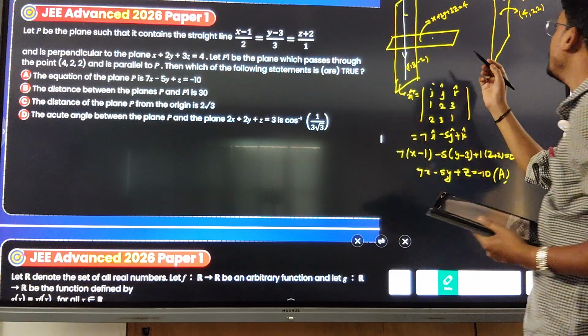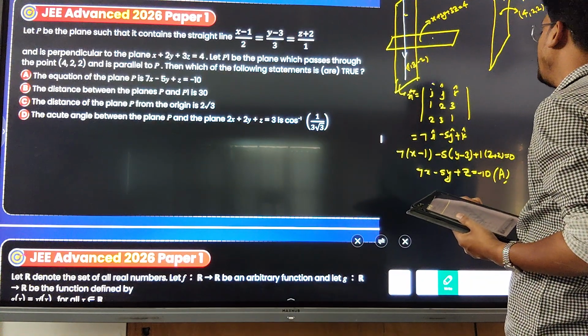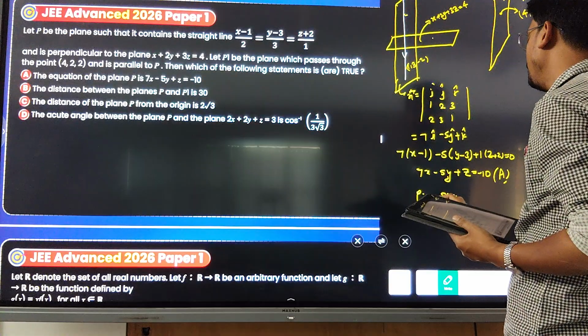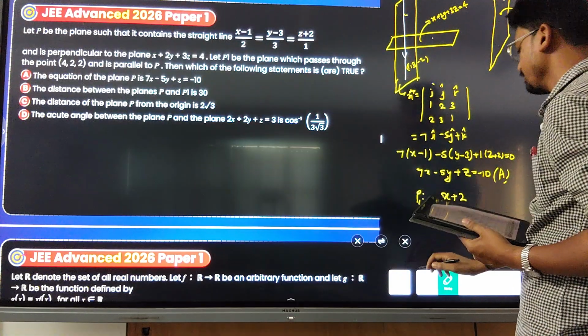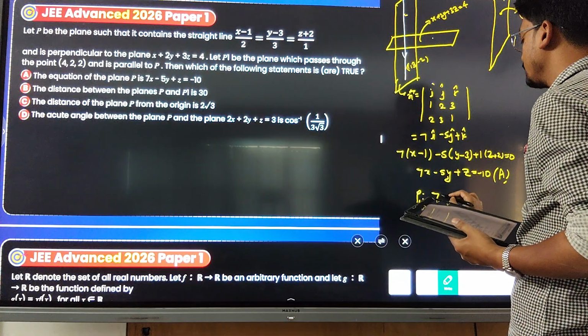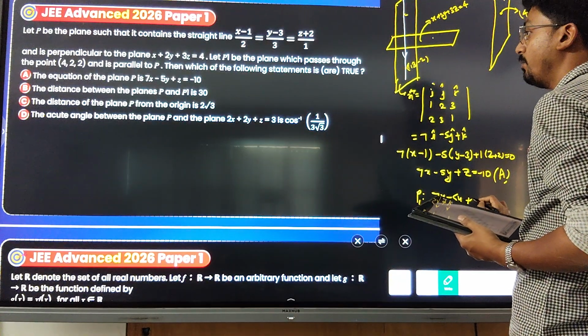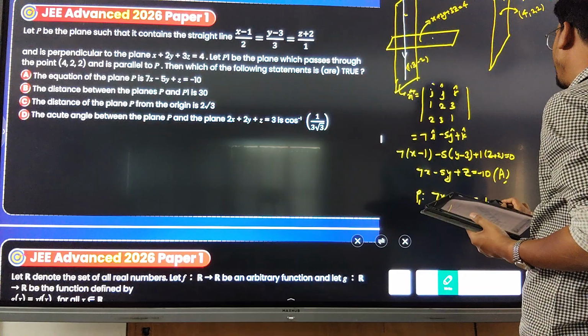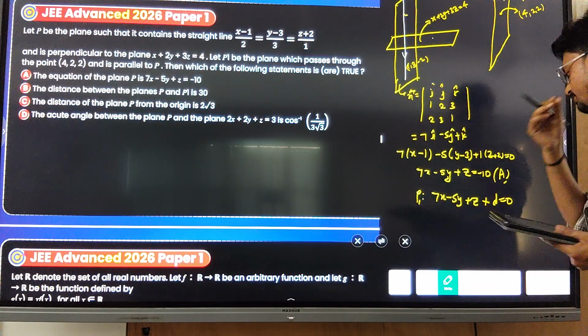So the equation of the plane P1 will be 7x minus 5y plus z plus d equal to 0.